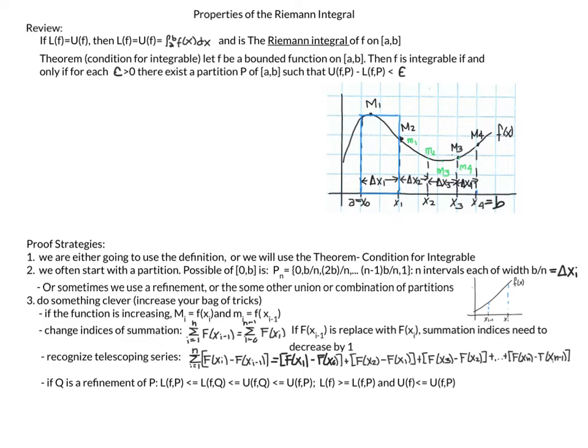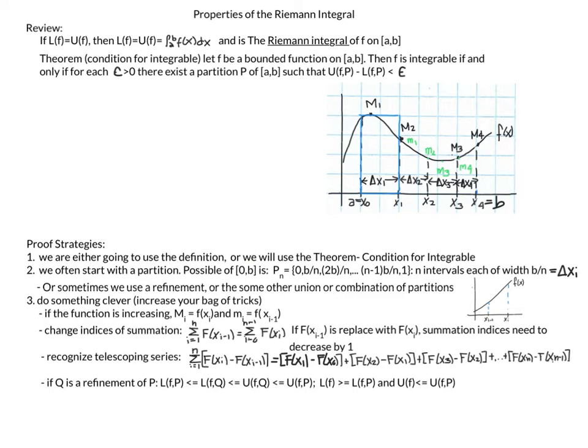Another point is we often start with the partition because both of these definitions and theorems involve partitions, since the lower integral and upper integral rely on the partitions as well. So we often start with partitions, and if there's no partition given, an easy thing to do is divide the interval into n equal intervals.